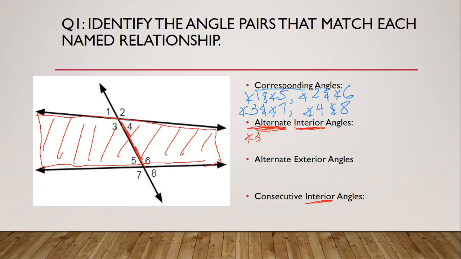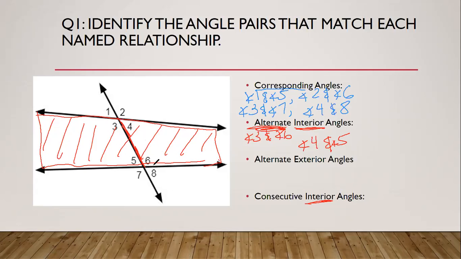So angle 3 and angle 6. They are interior of my 2 lines here and on alternate sides of my transversal. Okay. And lastly, I have 4 and 5. Angle 4 and angle 5.